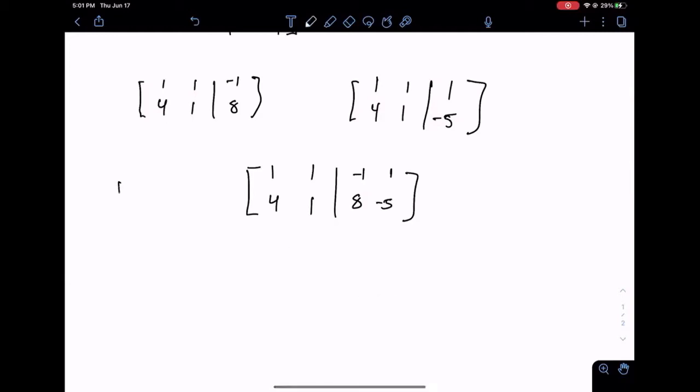And a kind of handy way to remember the order of things: the change of basis matrix from B to C is written like this. I'm going from B to C, where C is on the left. And then when I'm setting up this matrix to row reduce, we have C on the left, B on the right. Now I just row reduce.